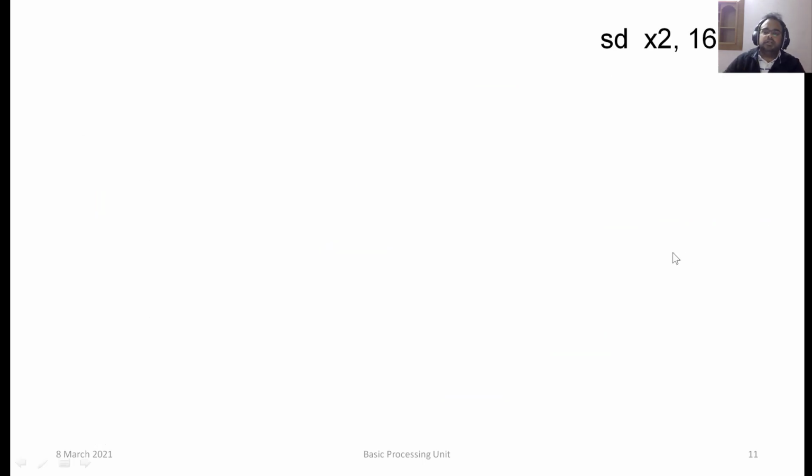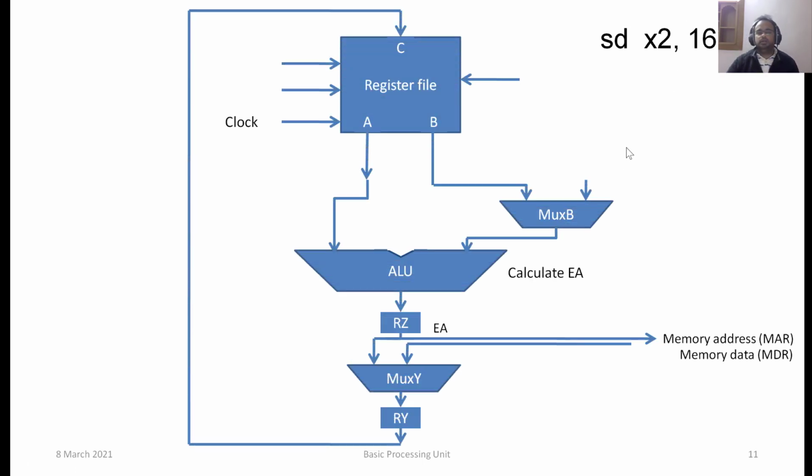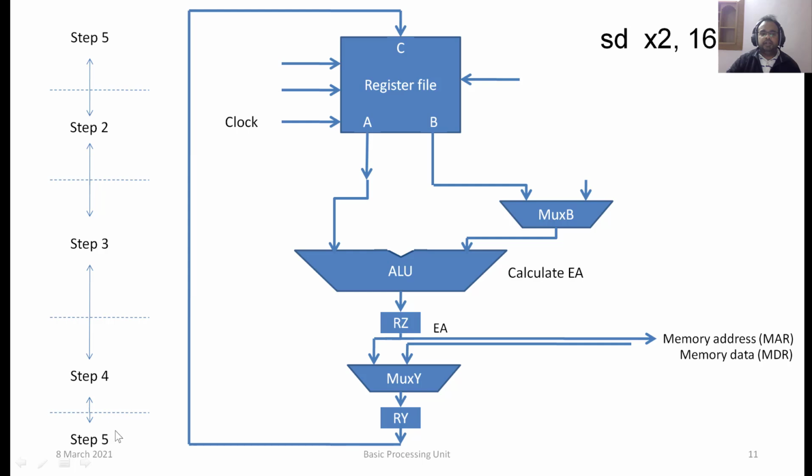Now let's consider the store instruction. Here we have the store double X2, 16, X3. Both X2 and X3 are source registers and 16 is the immediate value. Now here are the overall connections that we have seen so far and divided into various steps.